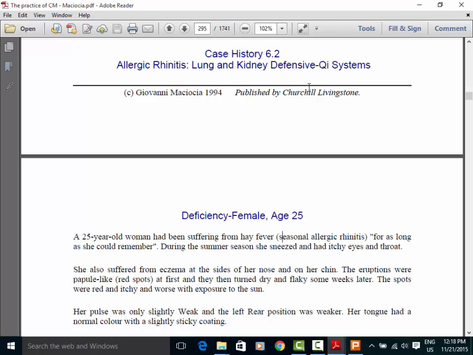So I pick these not because I think they're good cases. The other cases I showed you are really excellent cases. Jiao Shu is an amazing diagnostician. I choose Machioja because this is what people get a lot of things more similar to this. Anyways, go ahead. Anything else?